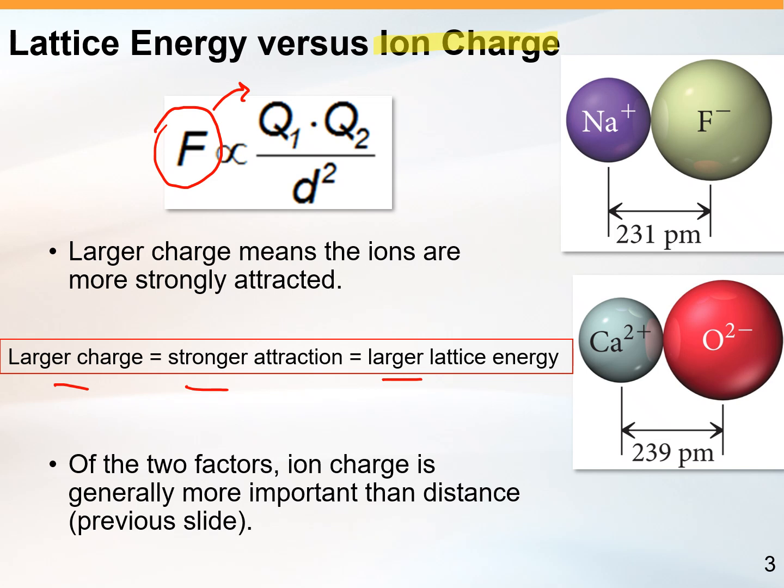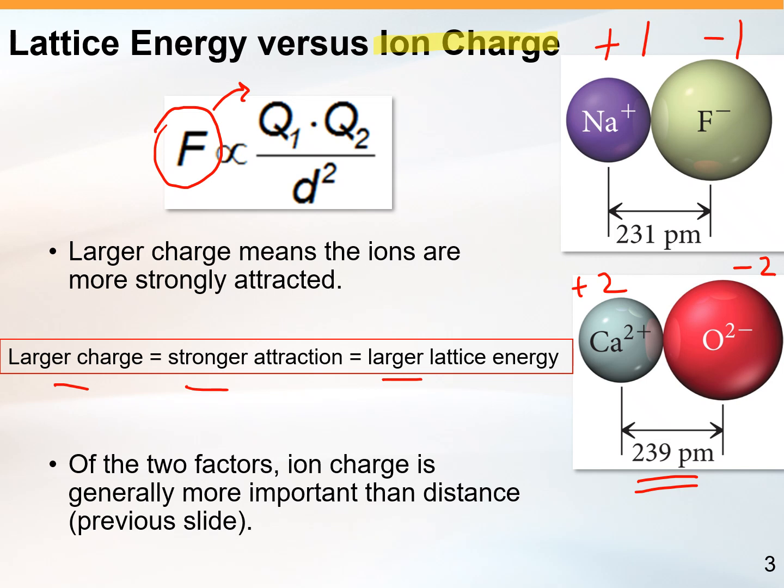Sodium fluoride is made up of +1, -1 charged ions. Calcium oxide is made up of +2, -2 charged ions. So therefore, lattice energy in calcium oxide would be expected to be larger.